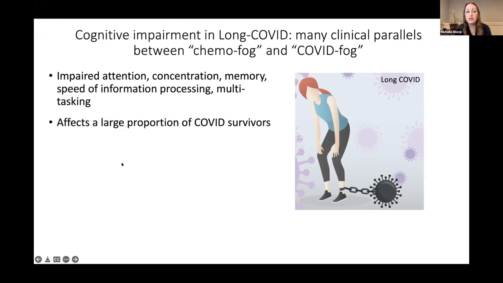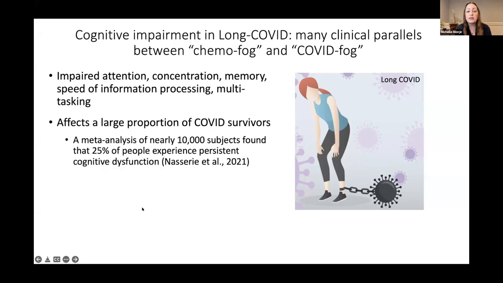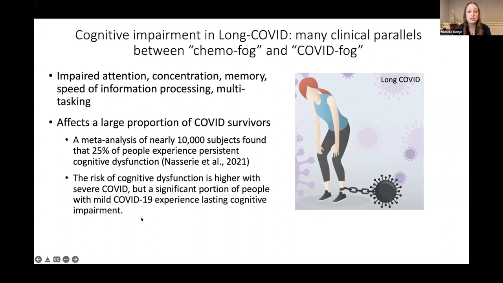This unfortunately affects a large proportion of COVID survivors, particularly those who contracted COVID prior to availability of the vaccine. And a meta-analysis of nearly 10,000 subjects found that about 1 in 4 individuals who were infected with COVID early in the pandemic now experience persistent cognitive dysfunction.